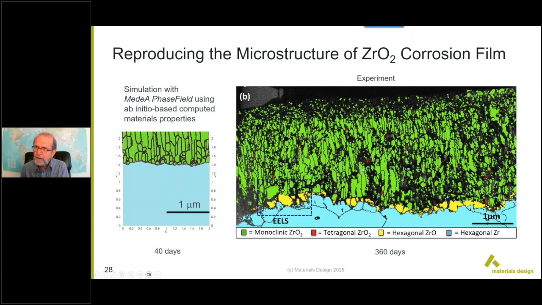Now, using materials properties, namely the thermodynamics, the elastic coefficients, the diffusion coefficients, interface energies, the diffusion coefficients at interfaces, and there are many interfaces that you can have, which are being generated from first principles and machine-learned potential dynamic simulations, we feed that into a new module of MedeA called MedeA phase field, to see what microstructure evolves.